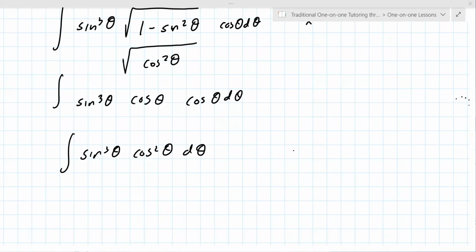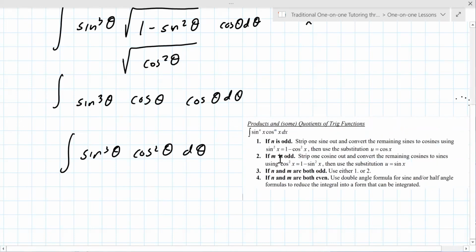So I'm just trying to get this reference sheet that will make this a bit faster. So let me snip this in and show you here. When you get it down to something like this, it says if n is odd, and that's the case here, strip one sine out and convert remaining sines to cosine using this and use the substitution u equals cosine x. So this is case number 1 here.